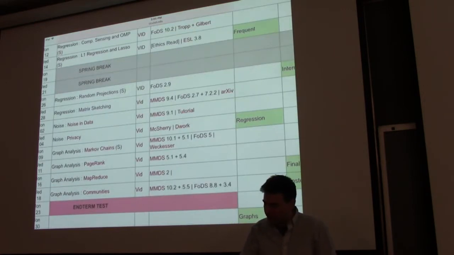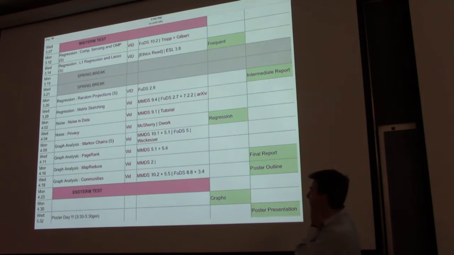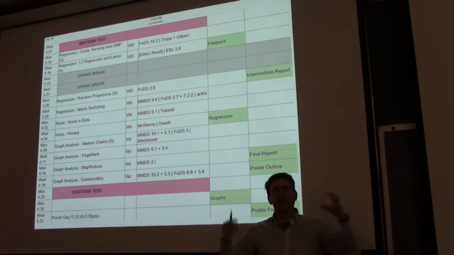After this, we're trying to round out the end of the semester. So we're going to have a week where we talk about noise and cross-validation and outliers and privacy issues.